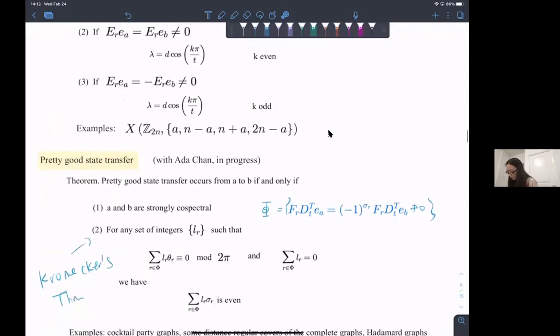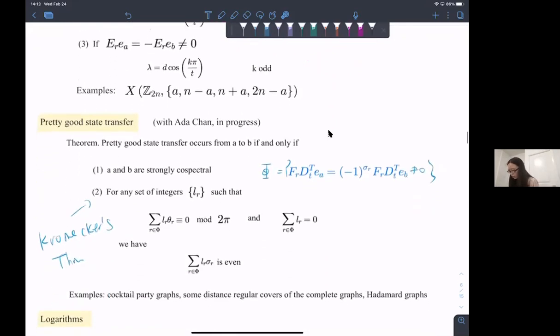For this, we also have a characterization, and this is a joint work with my current supervisor, Zhan. Again, we want the two vertices to be strongly co-spectral. But now, instead of having an exact description of the eigenvalues, we want them to satisfy some conditions. The details here are not important.